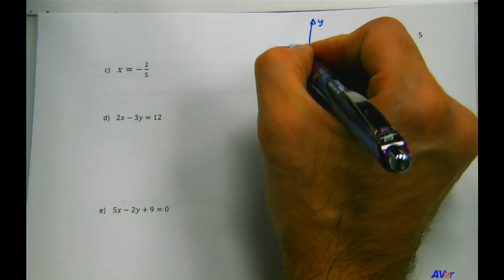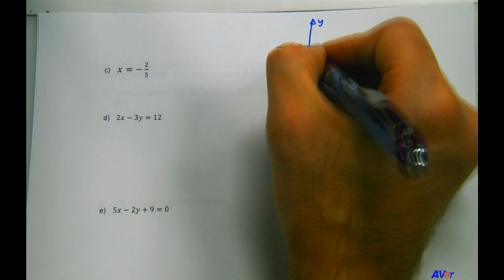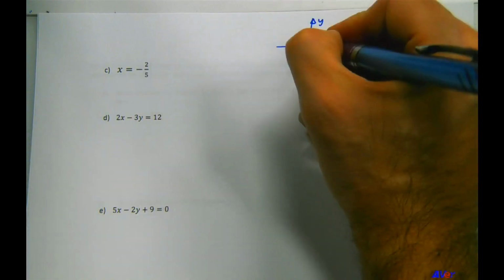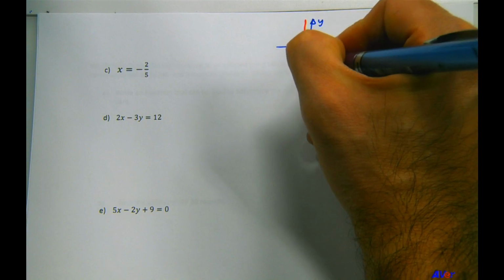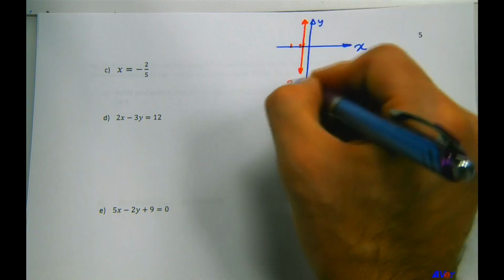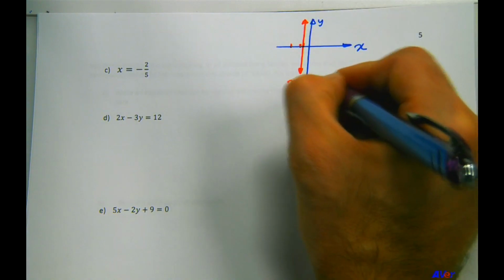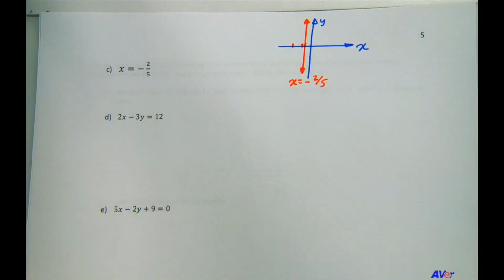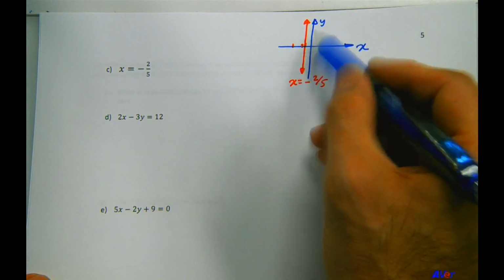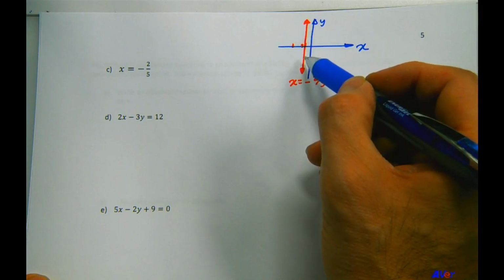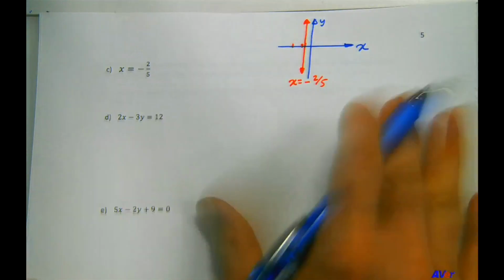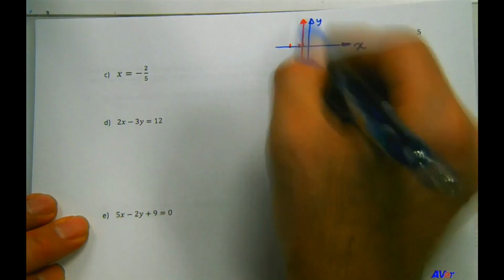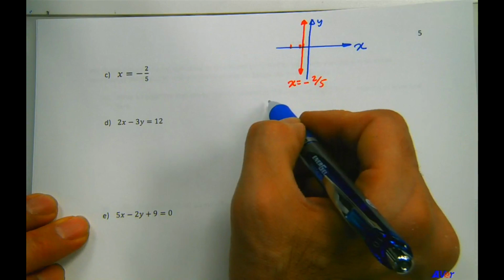So if this is 1 and that's 1/2, then negative 2/5 would be somewhere here, like that. Okay, that's x equals minus 2/5. So we do know that this line has no y-intercept, right? Because it's a vertical line parallel to the y-axis, no y-intercept, but the slope of a vertical line is undefined.